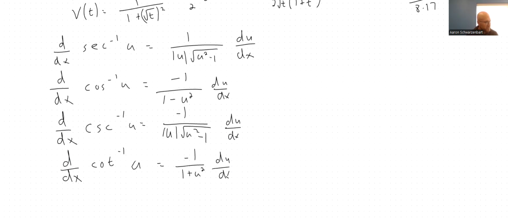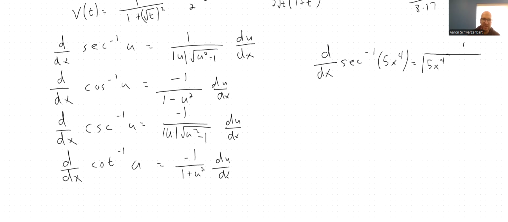One more example. So the secant derivative is 1 over the absolute value of 5x to the fourth.